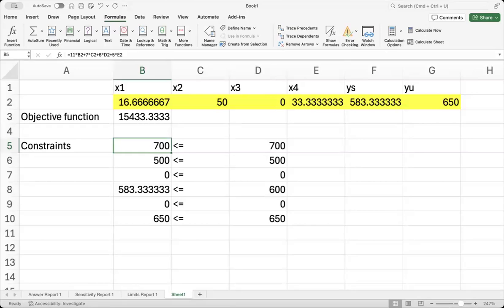Here you see that the constraint should be 11 times B2 plus 7 times other things, right? Once you solve it, the solver just puts the value of the variable here. It will not change your formula at all. You see that the objective function is still the same, 300 times B2 and other things.